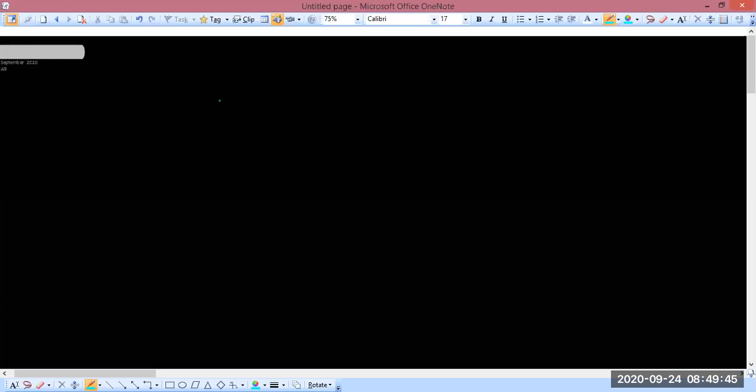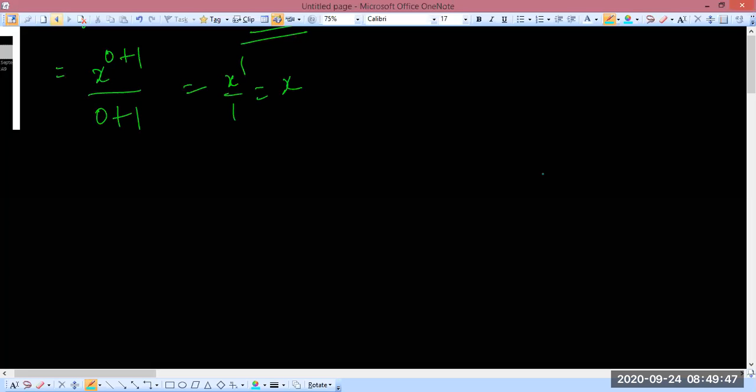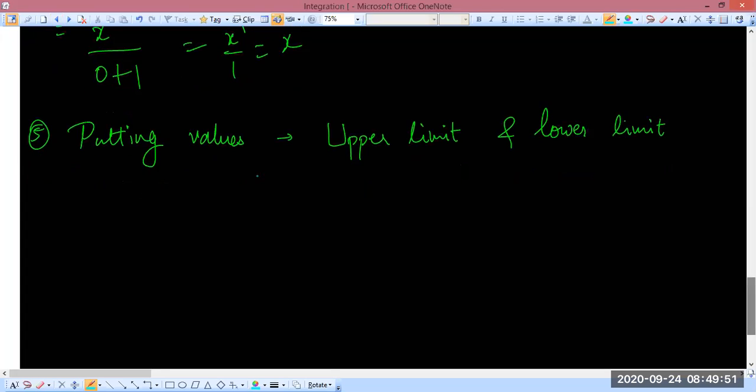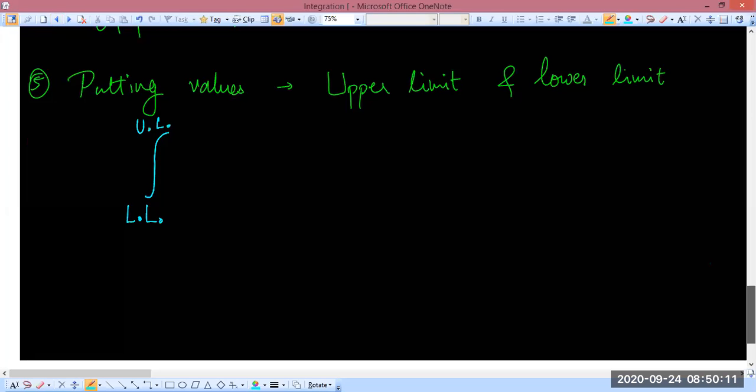I was telling you that whenever we do integration, typically in physics, we always have some lower limit and upper limit. Okay, and then we have some integration.